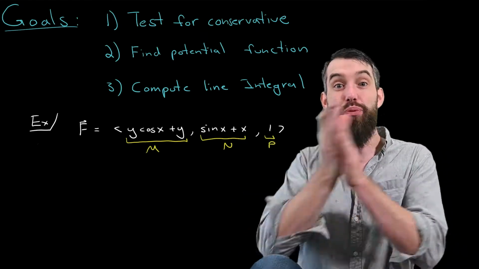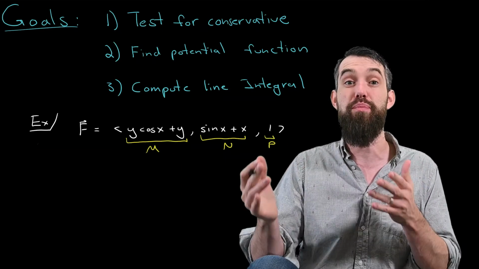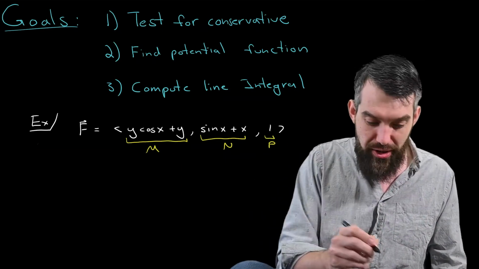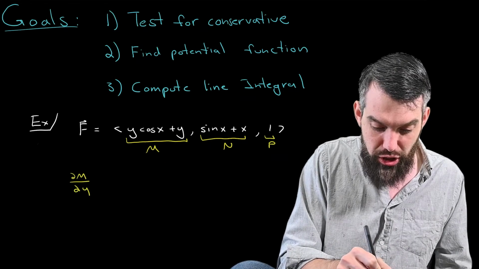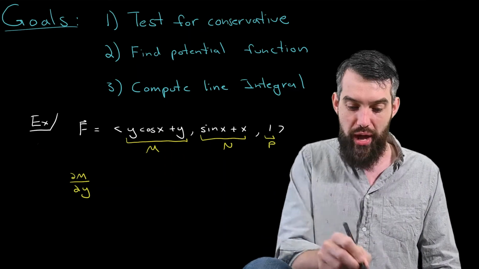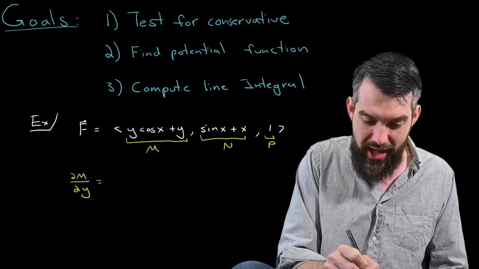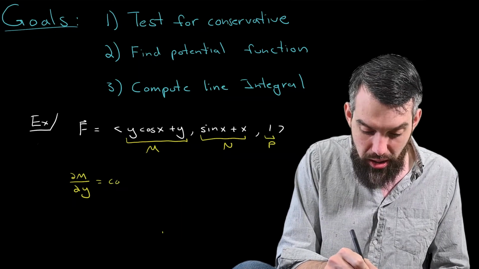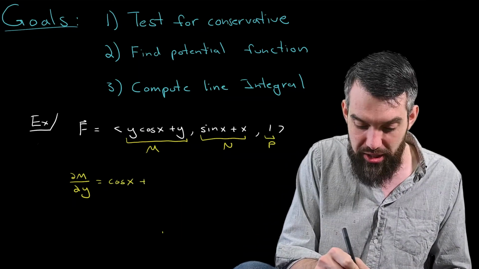And we had seen in the previous video a test for conservative. It was about comparing a bunch of different partial derivatives. So the first thing I'm going to do is take the partial derivative of M with respect to, say, y. So y cosine of x, partial with respect to y is just cosine of x. The derivative of y with respect to y is just 1, so I just get 1.